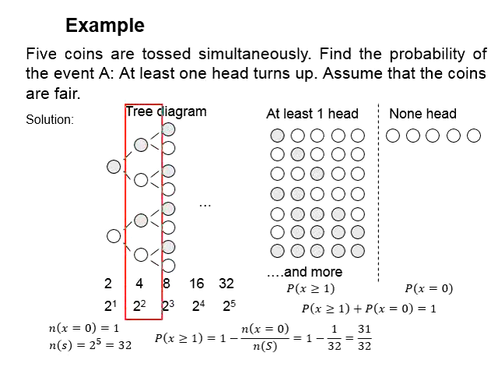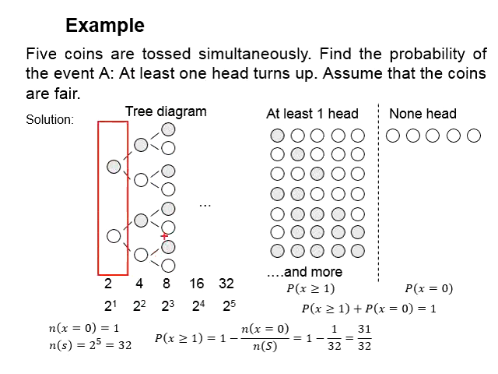When you enter the second layer, it will be distinguished based on the head or tail of the first layer. For the first coin which is head, there are 2 possible outcomes, either head or tail. As for the first coin which is tail, there are also 2 outcomes, which are head and tail.